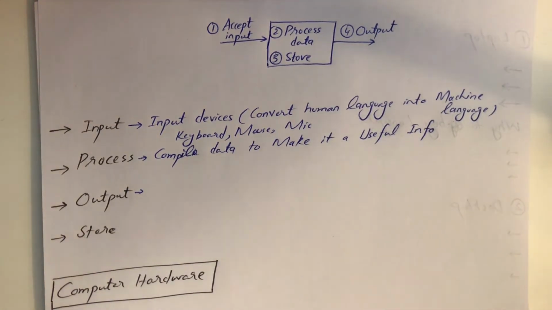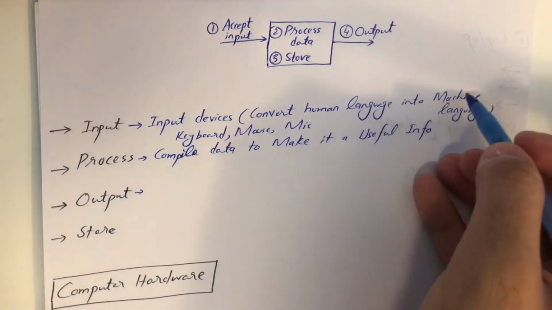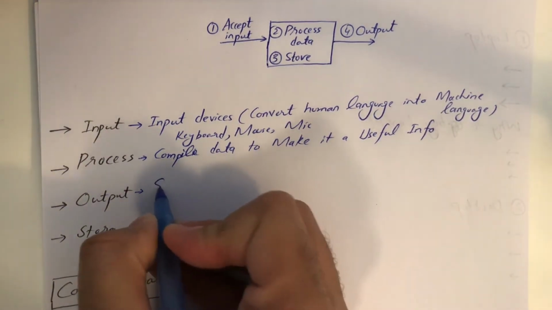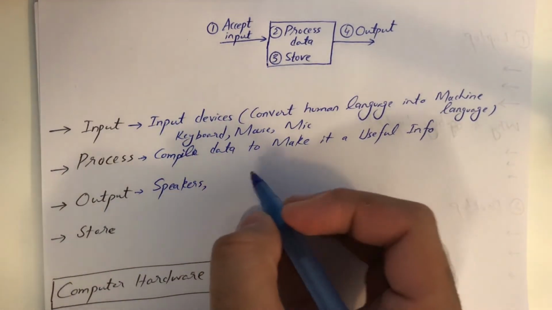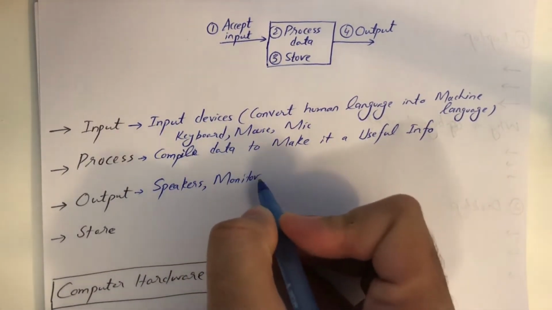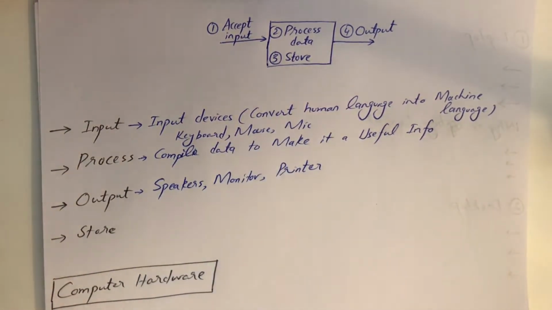If you want to convert machine language into human understandable language, you need an output device, which converts it back to human language. Output devices are like speakers. The monitor is an output device, and the printer is also an output device, because human understandable stuff can be displayed.